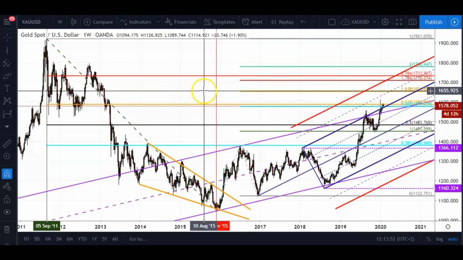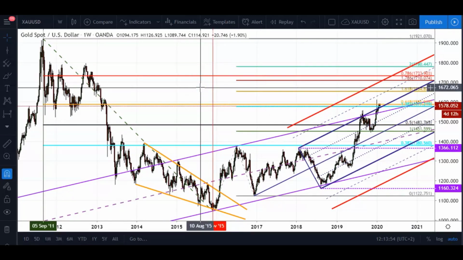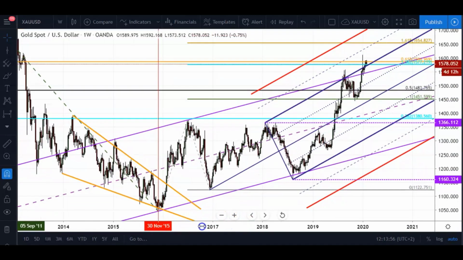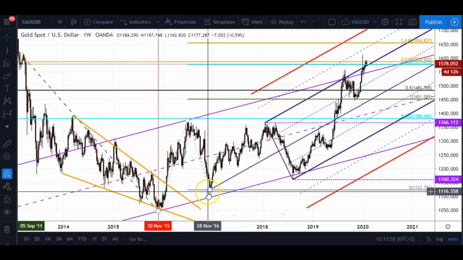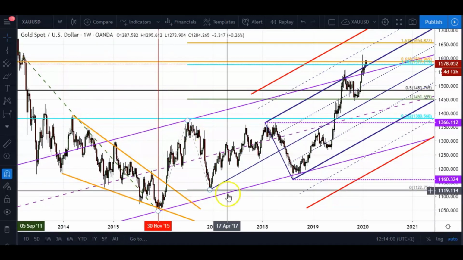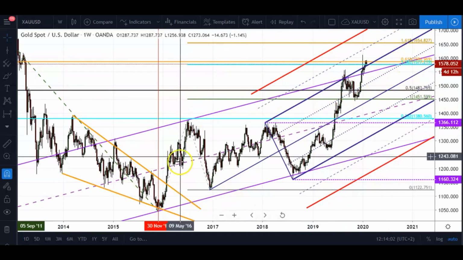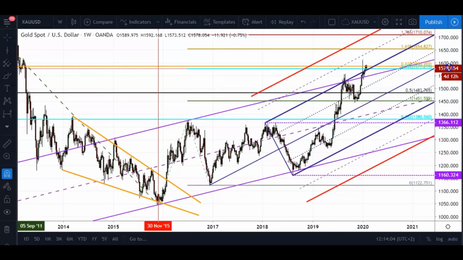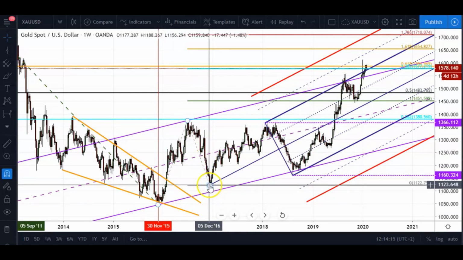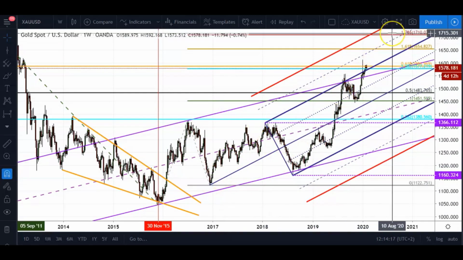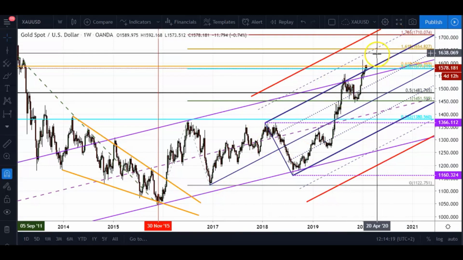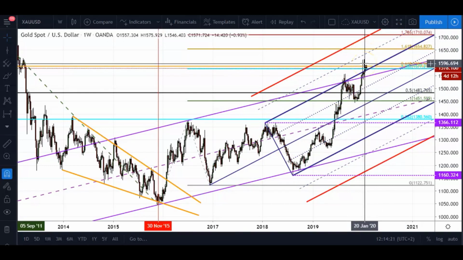But before we get to that in more detail, we just have to try to figure out what is this. Just like this decline, it'll be difficult to say, are we correcting higher or is this the start of a new move higher? And if you are of the opinion that this is some start of a bigger move higher, then we probably had a first wave followed by a second wave, and now we're having this long extended third wave going higher, which I don't think has completed yet.